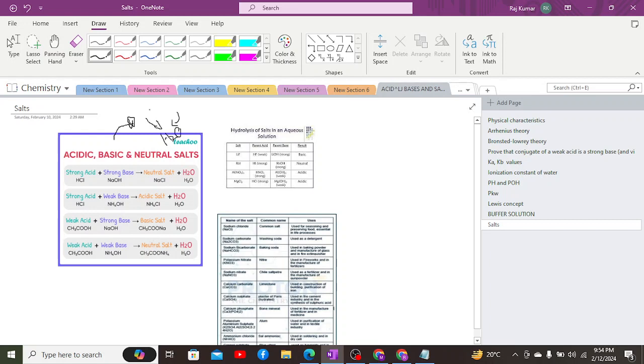The rest of the ionic product, the salt, is obtained from the acids and bases, such that the cation is obtained from the base. Cation is obtained from the base because in a base we have the anion, which is OH, and the anion in the salt is obtained from the acid.